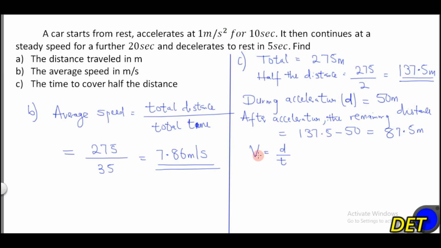So 10 meters per second is equal to 87.5 meters divided by the time taken, right? From here we can cross multiply: 10 times t gives us 10t, which is equal to 87.5, right?